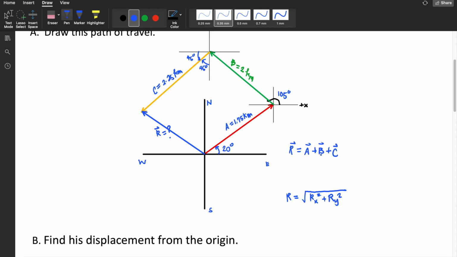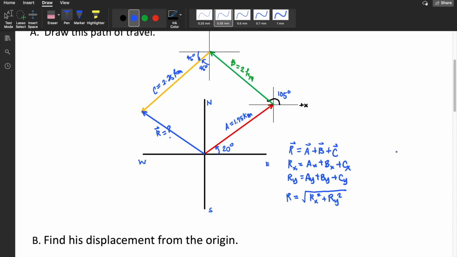All you have to do is follow the above. Your rx is equal to ax plus bx plus cx, so you need to add all the components of x only. The same is true for your ry, which is equal to ay plus by plus cy. We need to find these 6 components.